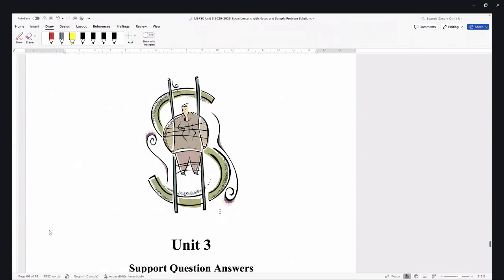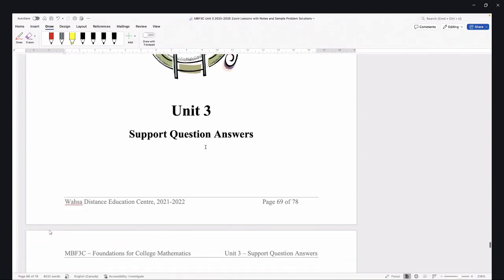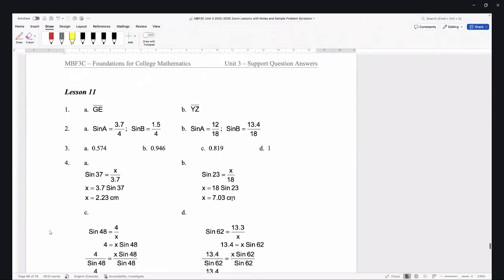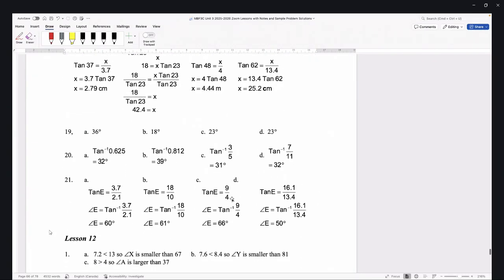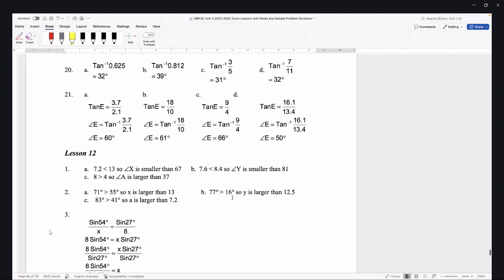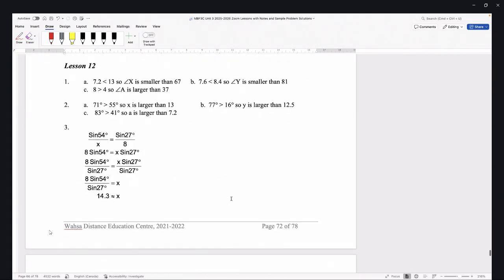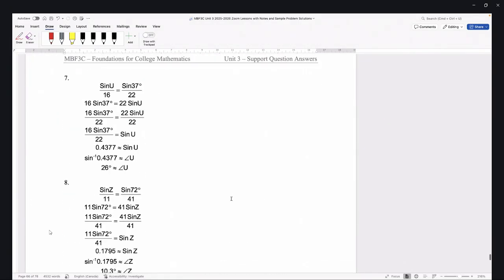So down here, you'll notice that all of the answers to support questions are listed here. So as you're doing the support questions, you can always come down here and check the solution to make sure you are doing things correctly.